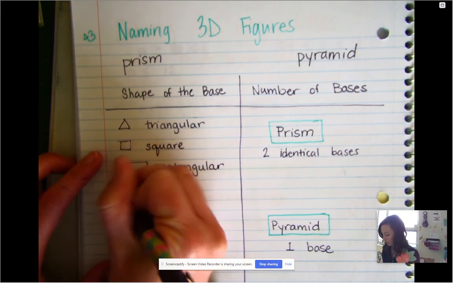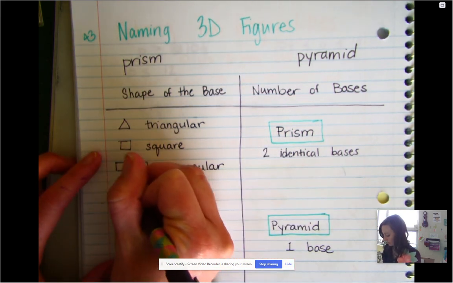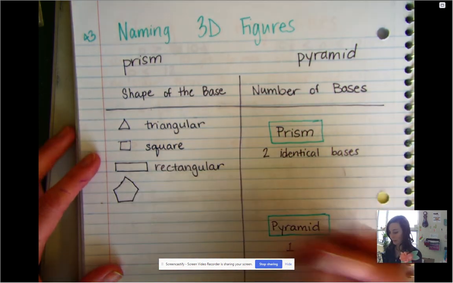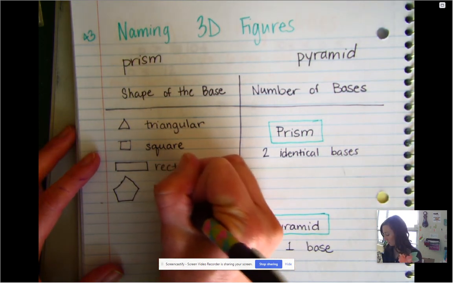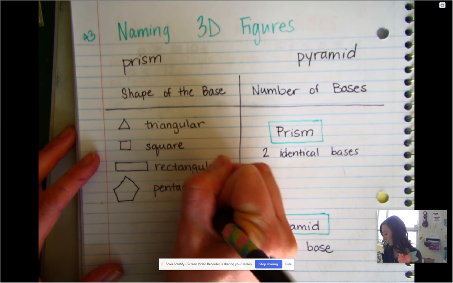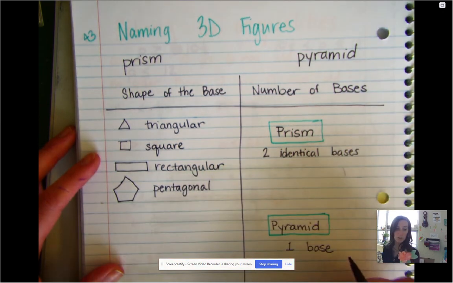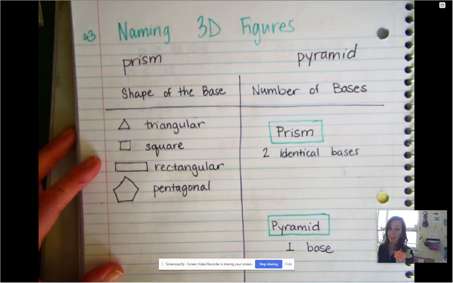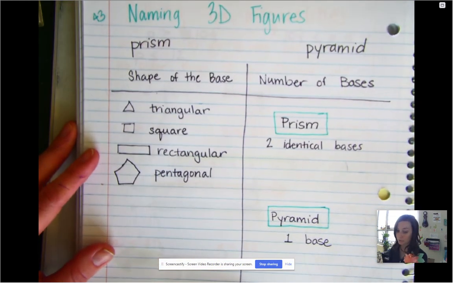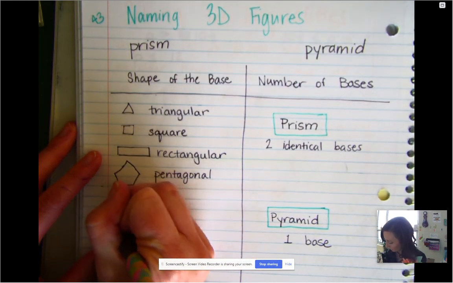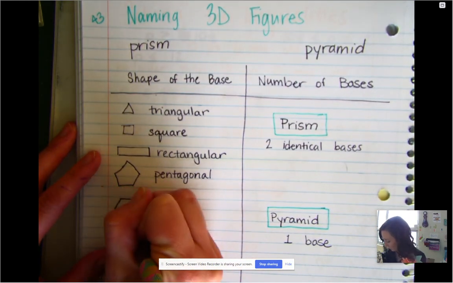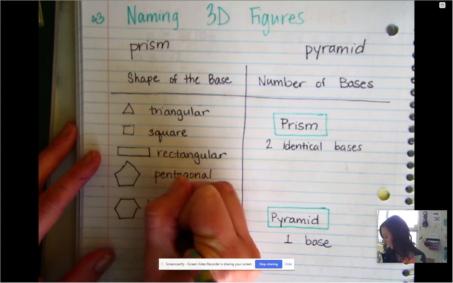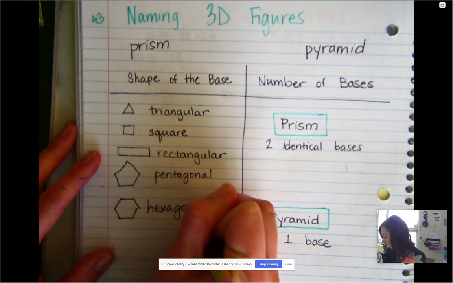What do you think this shape would be? It's a pentagon. So something weird happens with the stress. So you usually say pentagonal, but if you say it the other way, that's fine in here. This shape right here would be a hexagonal.